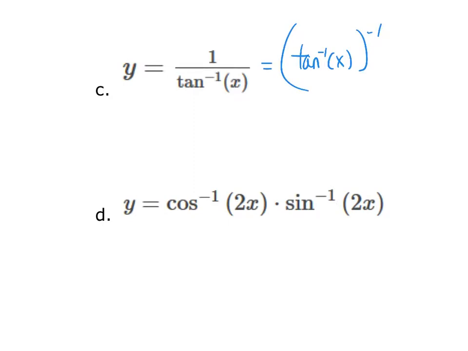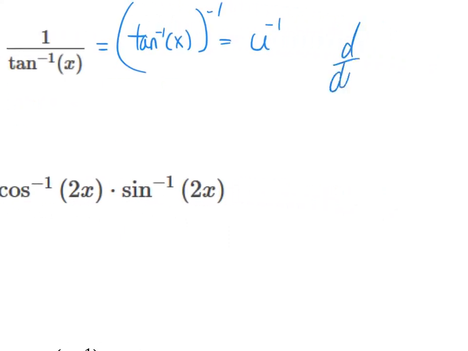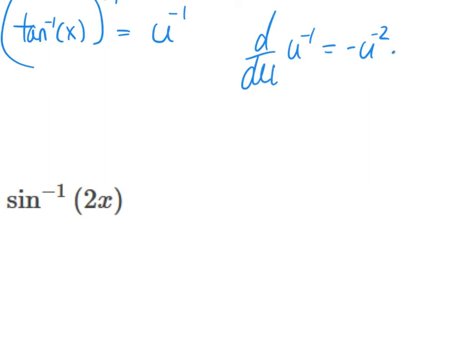Confusion is okay. So if you chose C, then you're going to do the derivative with a chain rule. The first thing is you're going to think of this as u to the negative 1, right? Then the derivative with respect to u of u to the negative 1 will be negative u to the negative 2 multiplied by the derivative of u.